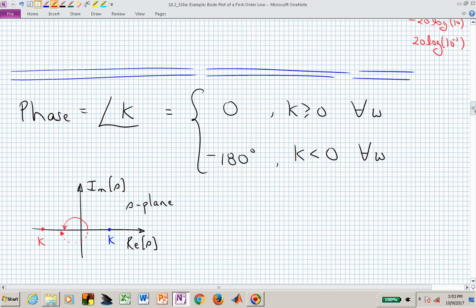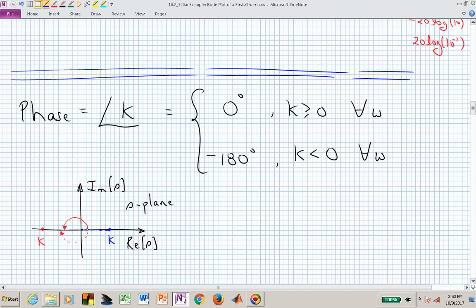Well, now I've already hinted at what this corresponds to. If, in fact, the gain k is non-negative or positive, then the angle of a positive number here in blue, if we look at what is the angle to get us from the origin out to there, you can see that we don't have to look through any angle. That's just flat. That's 0 degrees.